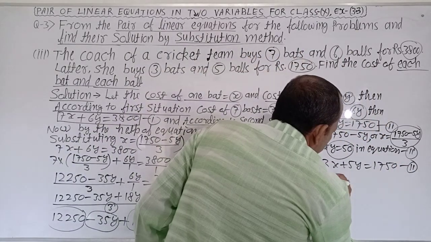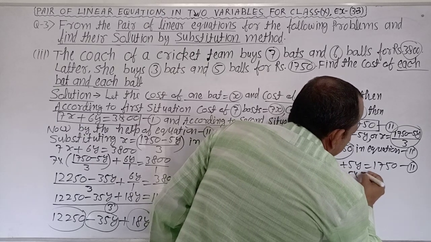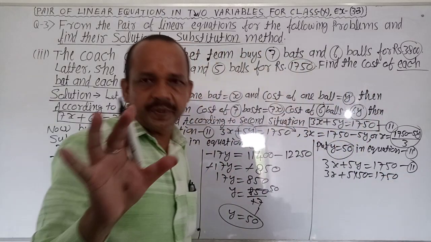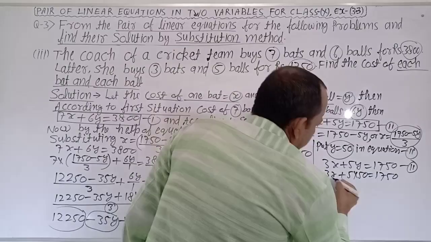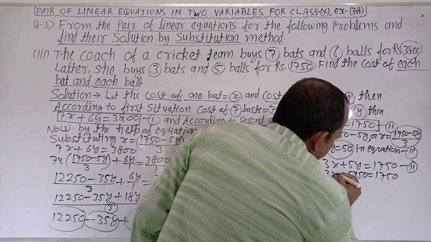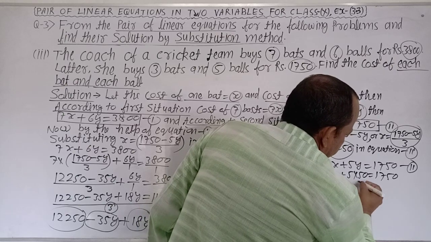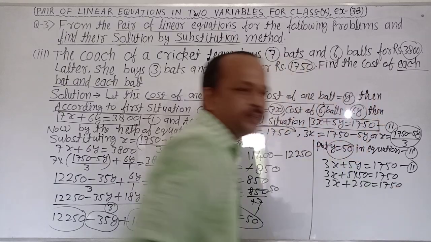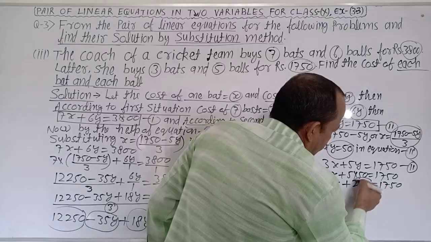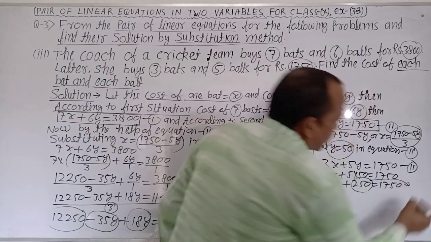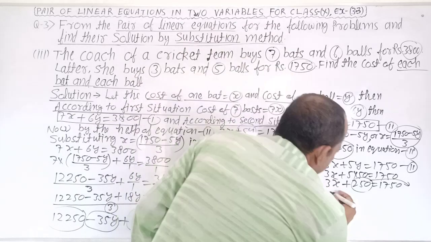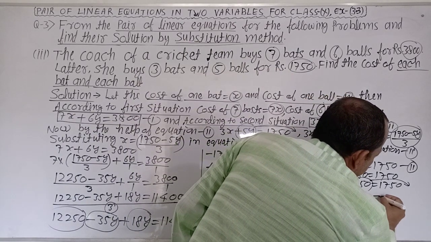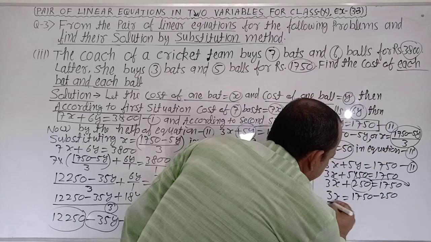Put 3x plus 5 multiply 50 equal to 1750. Here you multiply, it becomes 3x plus 250 equal to 1750. Now you write 250 on the right side of equal. It becomes 3x equal to 1750 minus 250.